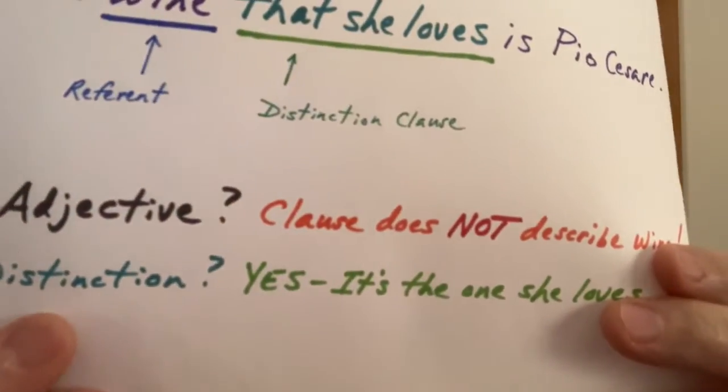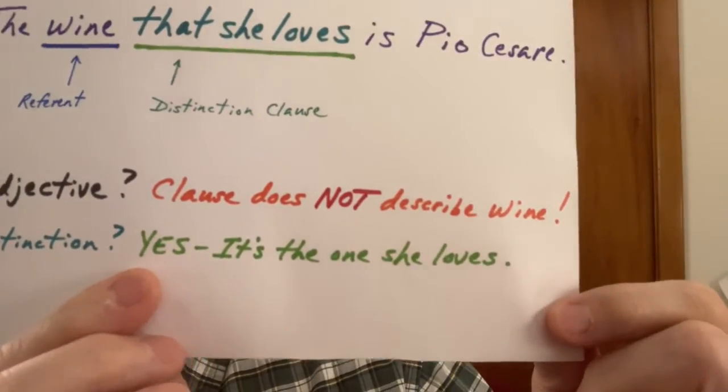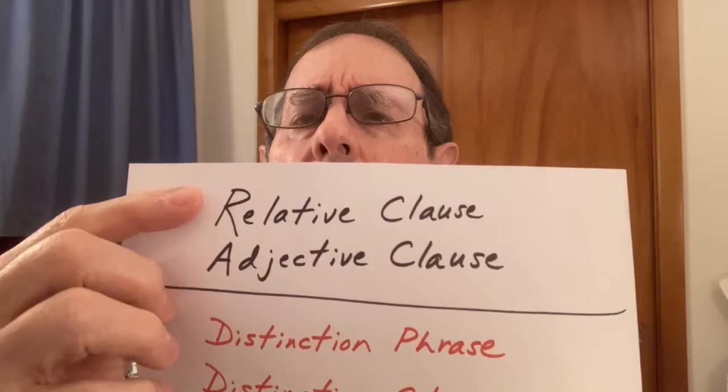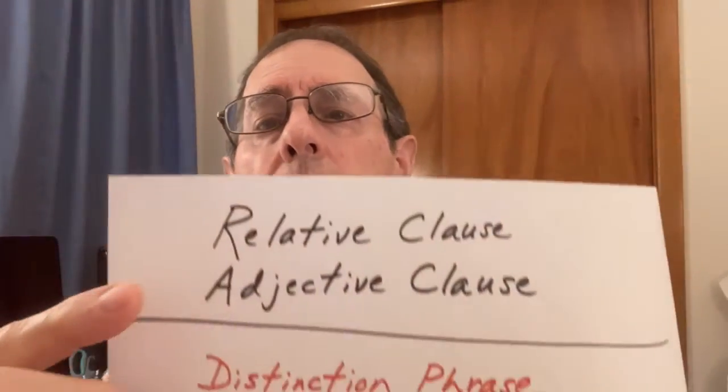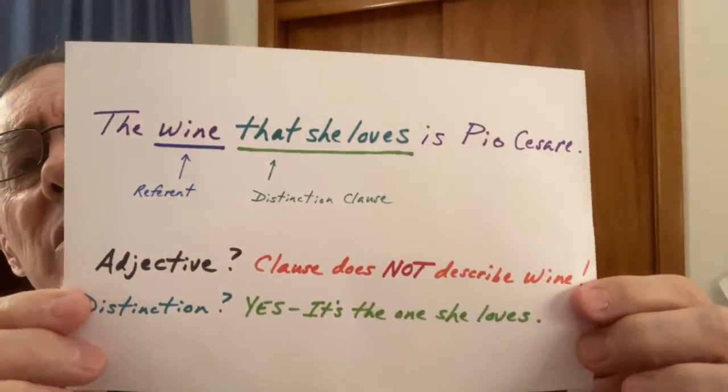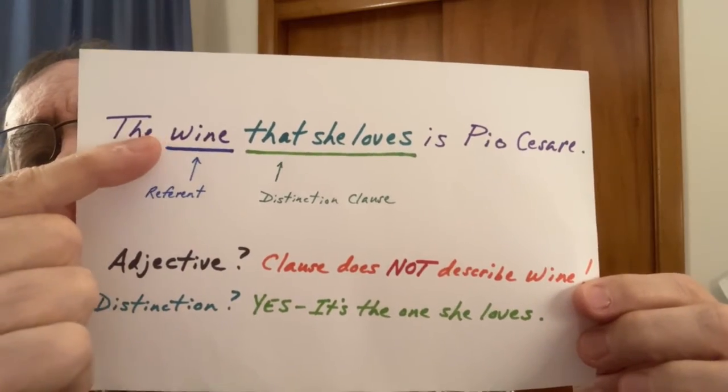Does it make a distinction? Sure. It certainly does. It's the one she loves. It's very, very clear. So that's why I don't use the term relative clause or even relating clause, and I don't use adjective clause, because here's an example of how you can have a so-called adjective clause, and it tells you nothing about the referent.